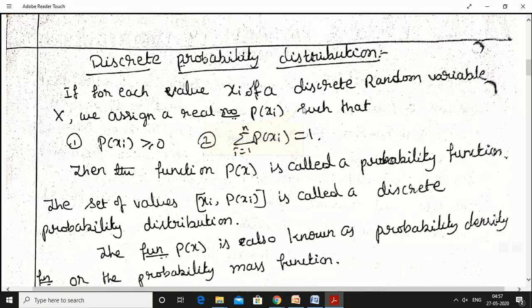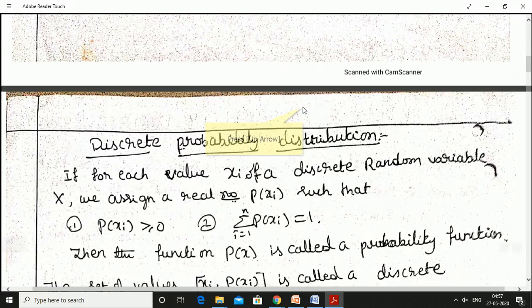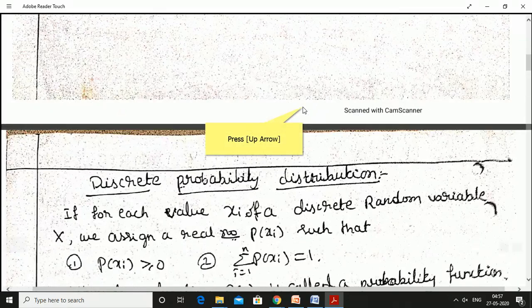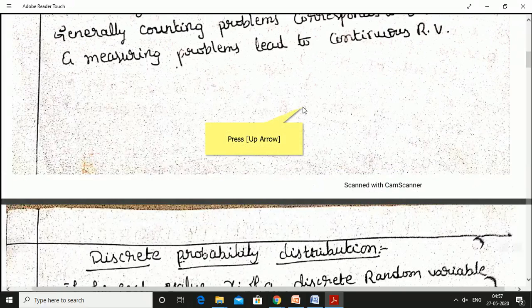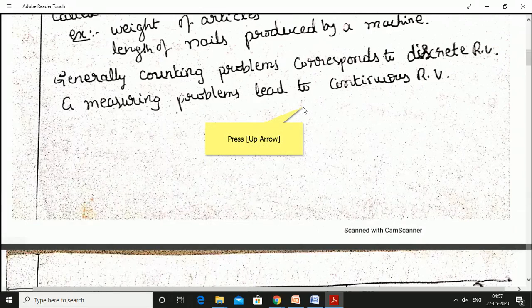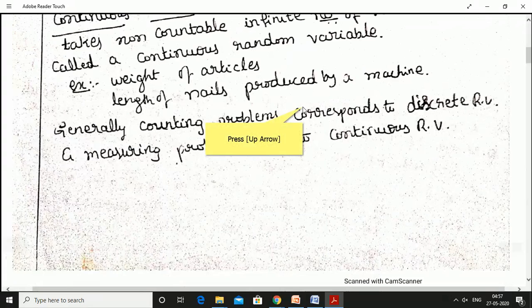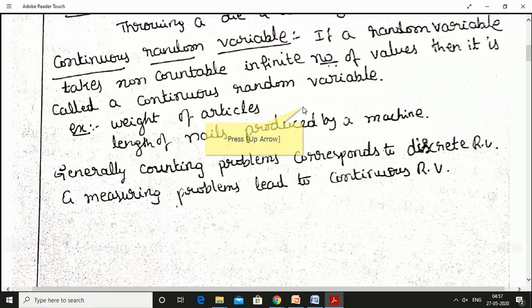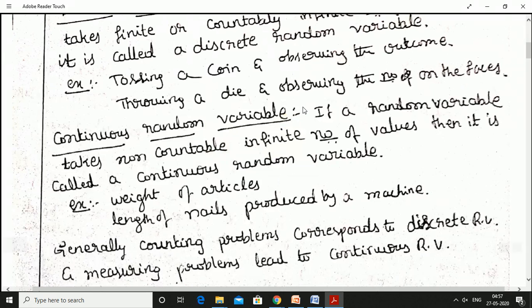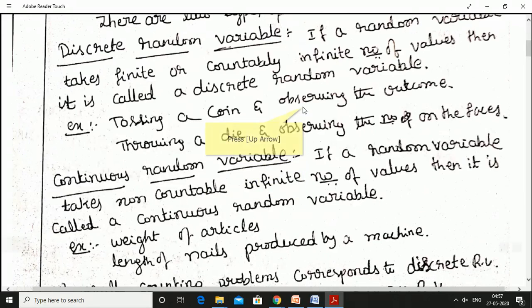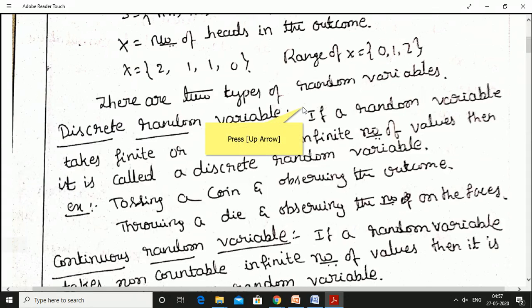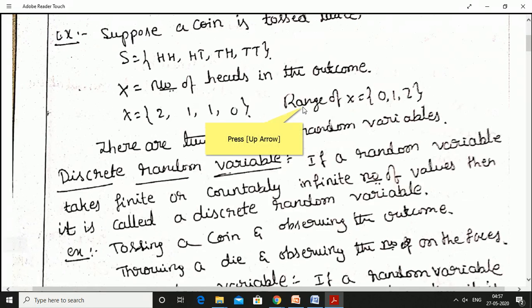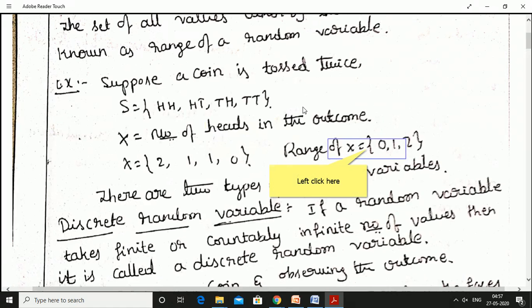Look at this. For tossing a coin, okay, the random variable x is number of heads in the outcome.